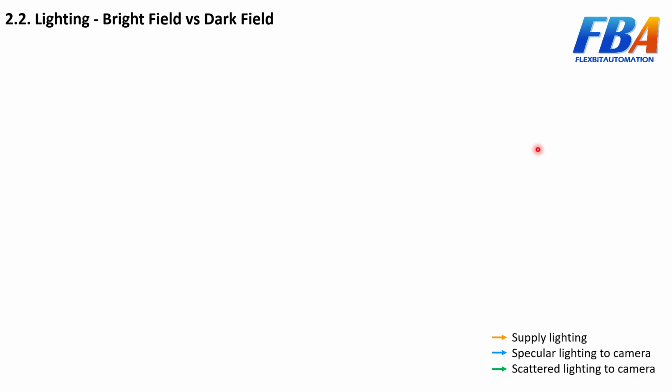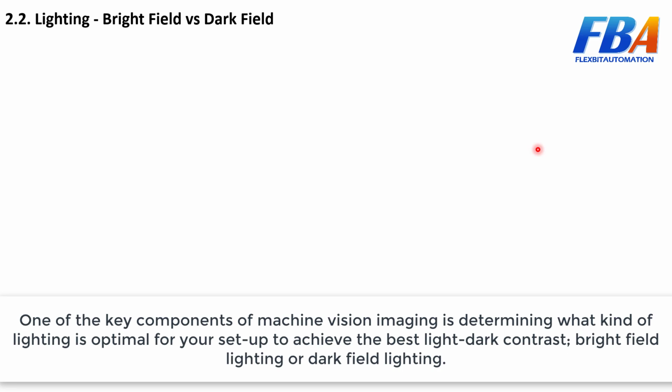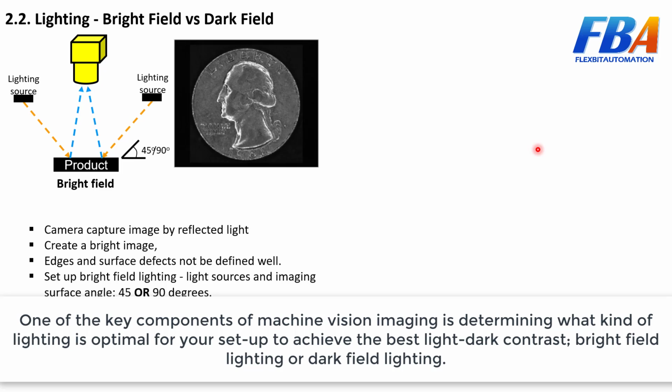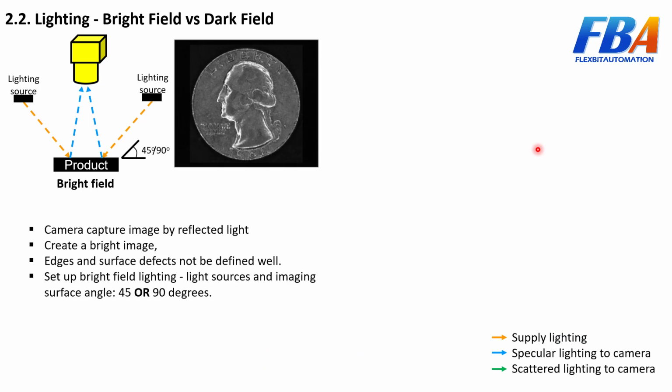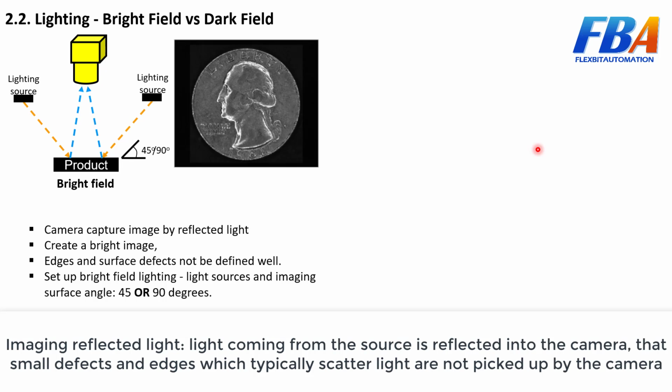This is one of the key components of machine vision imaging. It determines what kind of lighting is optimal for your setup to achieve the best light-dark contrast: bright field lighting or dark field lighting. Firstly, I will talk about bright field. This is a method of imaging reflected light.